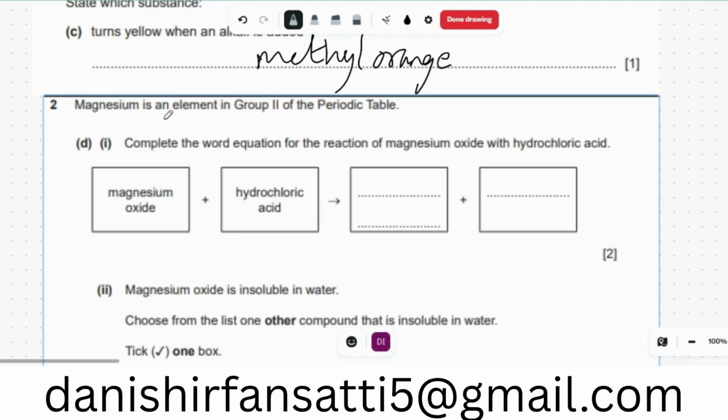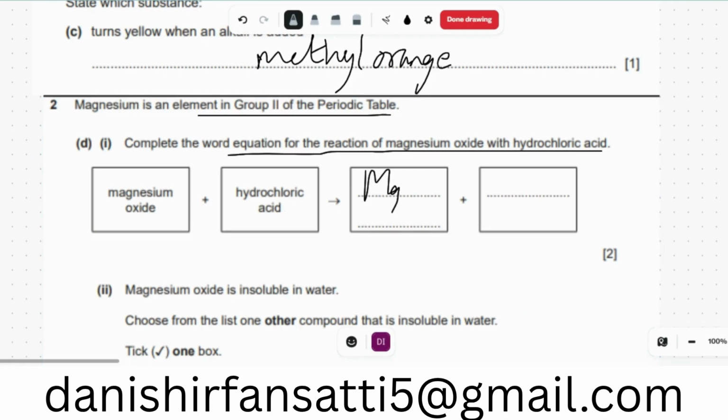Question number two: magnesium is an element in group 2 of the periodic table. Complete the word equation for the reaction of magnesium oxide with hydrochloric acid. We know that whenever a metal oxide reacts with hydrochloric acid, it gives us salt plus water. The salt is magnesium chloride, MgCl2, and with this we have water.